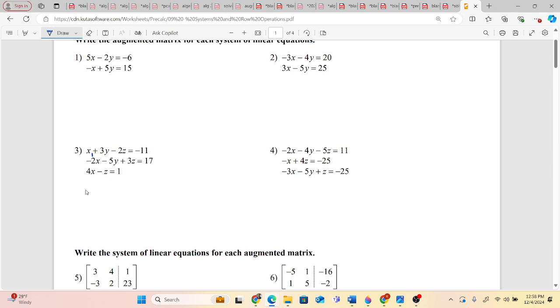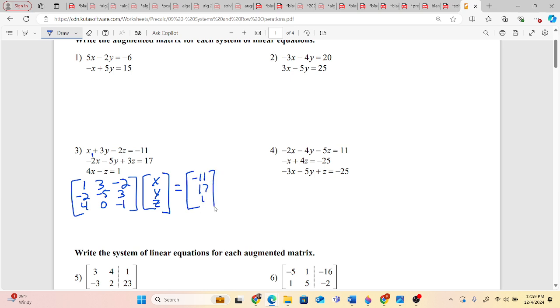So as a matrix, I'm going to have 1, 3, negative 2, negative 2, negative 5, 3, and then 4, 0, negative 1. Then I'm going to have a matrix that's X, Y, and Z. Then I'm going to have equals, and I'm going to have my last matrix, negative 11, 17, and 1. That's matrix form.